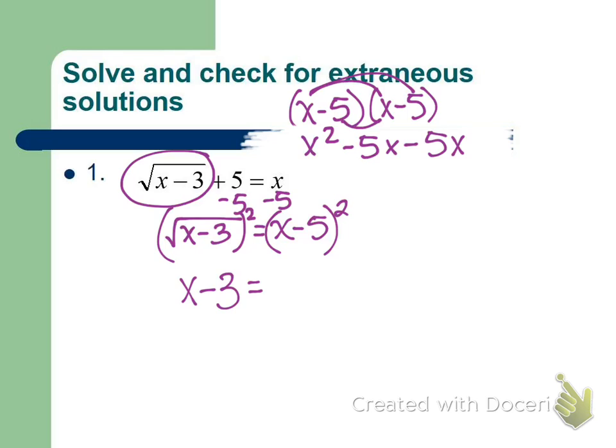And negative 5 times negative 5 is a positive 25. Then we can combine like terms from that. Good. X squared minus 10x plus 25 is what we get there.